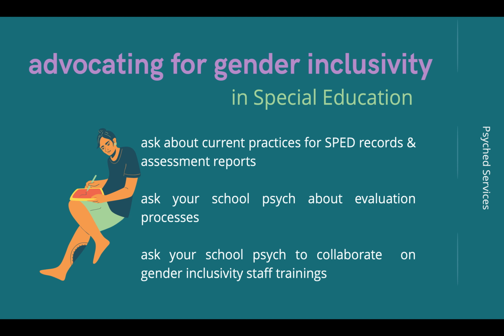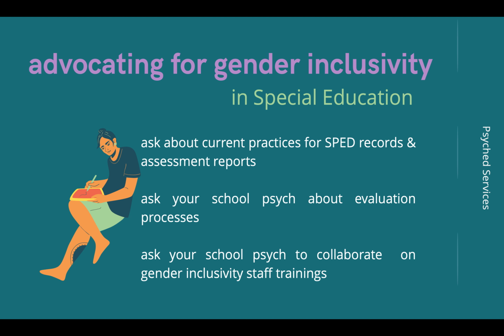And then in talking about special education, when we think about students in special education and we think about the mountain of paperwork, which is now largely digital, right? But that comes with students in their records, in the assessment reports, we frequently get questions about this, because many times when a student begins their educational career, if they are a student who is gender nonconforming or trans, many times their pronouns change at some point during their educational career.